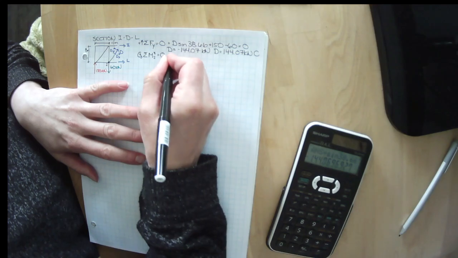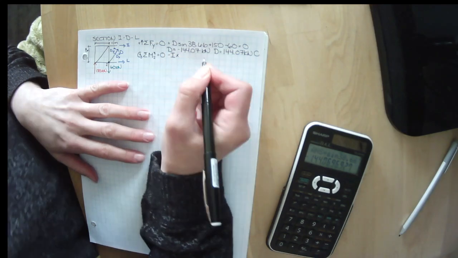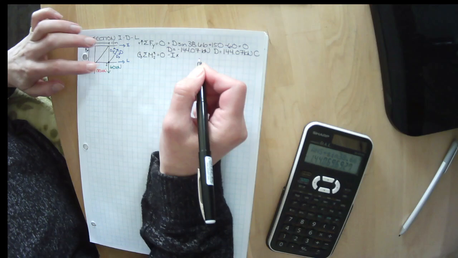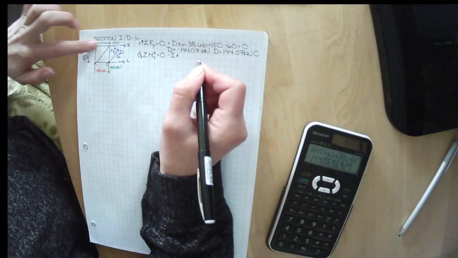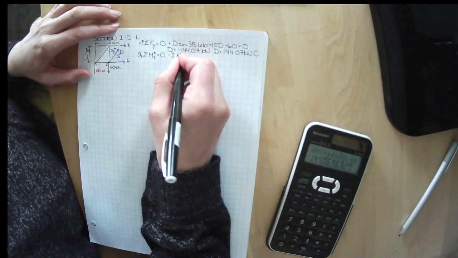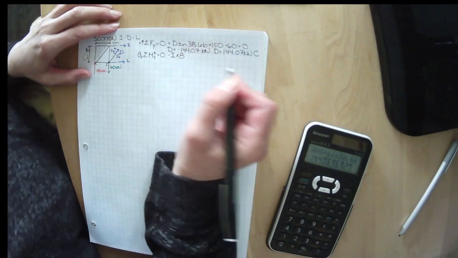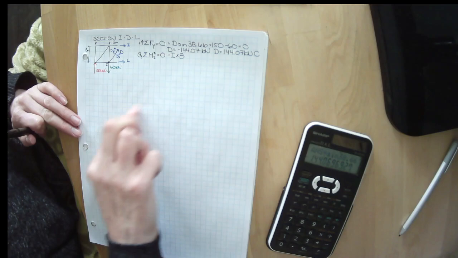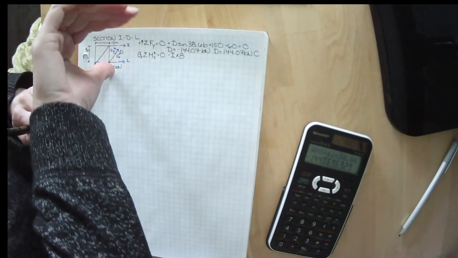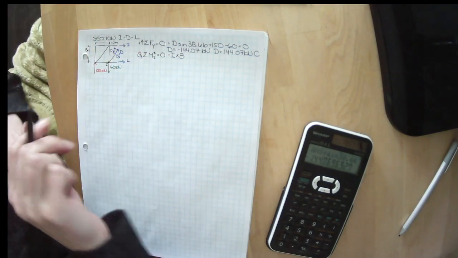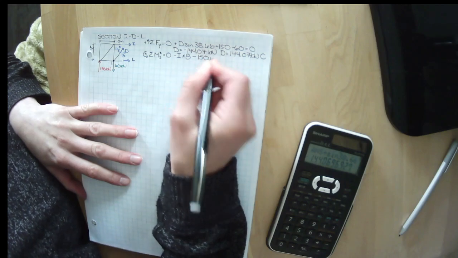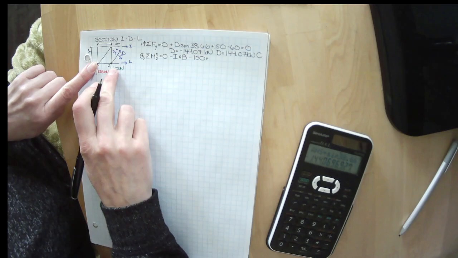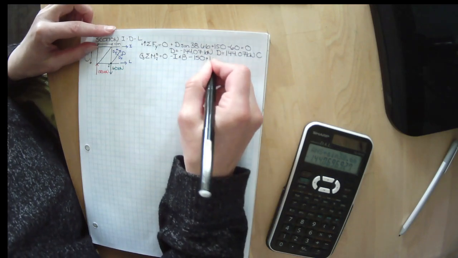So I've got minus I times, so to be a moment, you need a force and an eccentricity. I passes 8 meters away from point 2. And I've got 150 kilonewtons trying to spin it in that direction, which is the negative direction. I've got minus 150. And 150 passes 10 meters away from point 2.